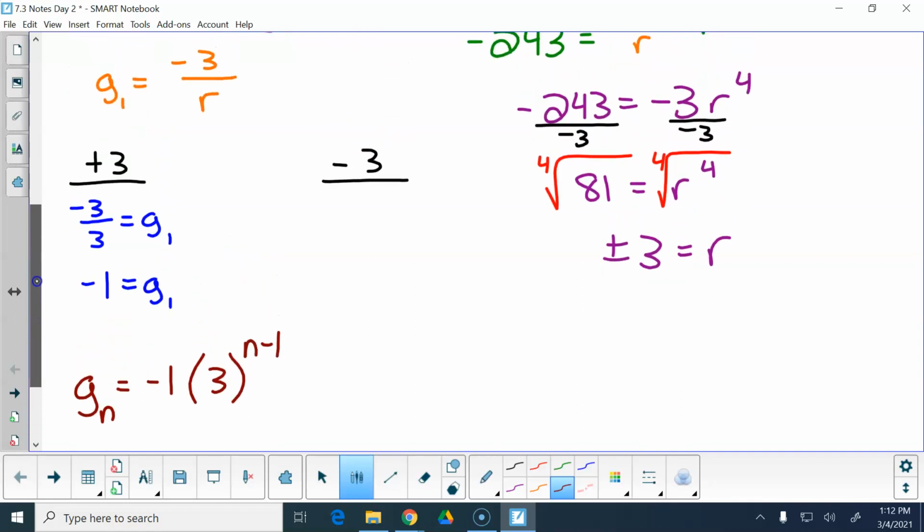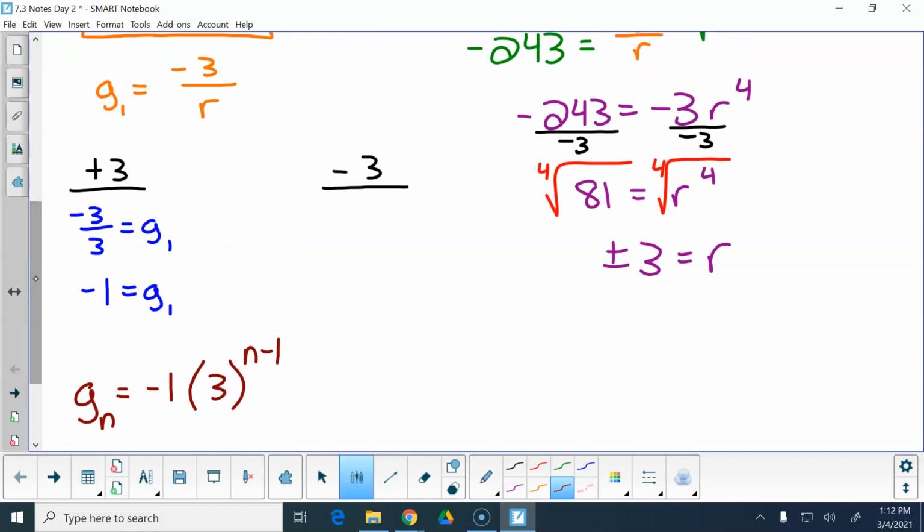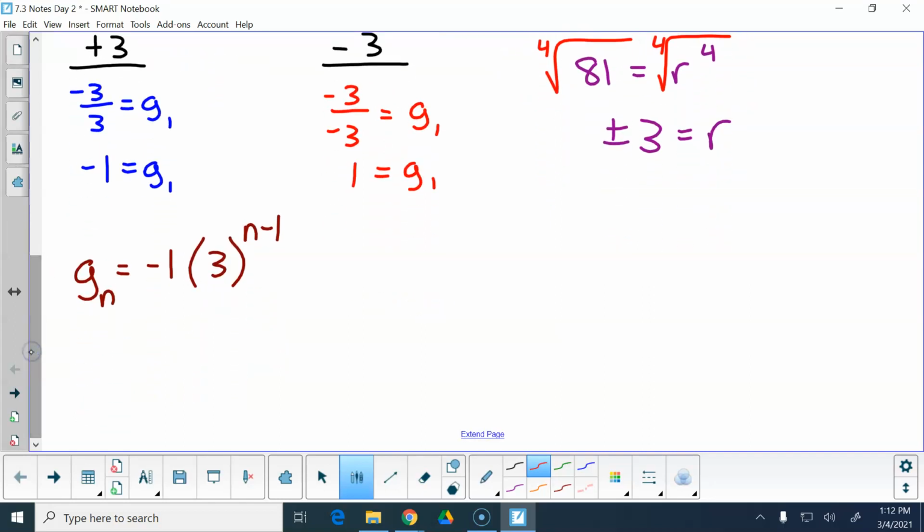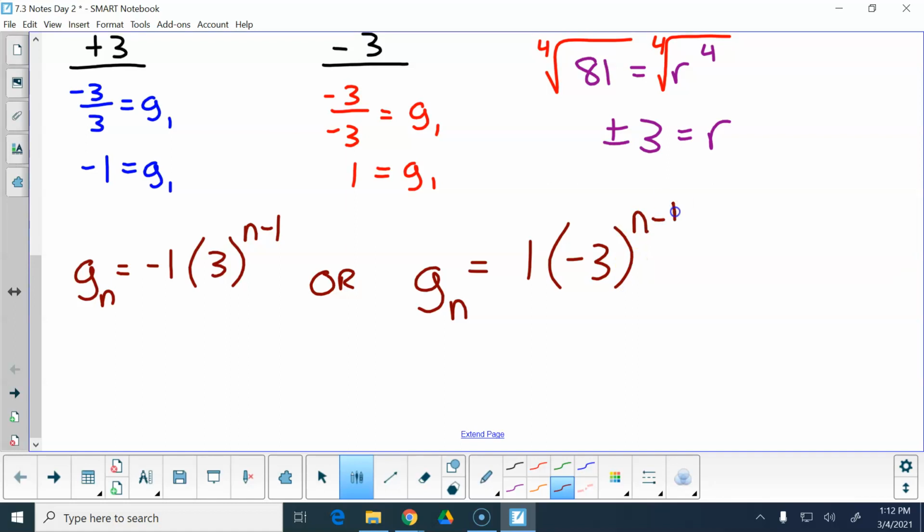If I plug in negative 3, I would get negative 3 divided by negative 3. So I get positive 1 as my first term. So that would give me the rule g sub n equals positive 1 times negative 3 to the n minus 1 power.